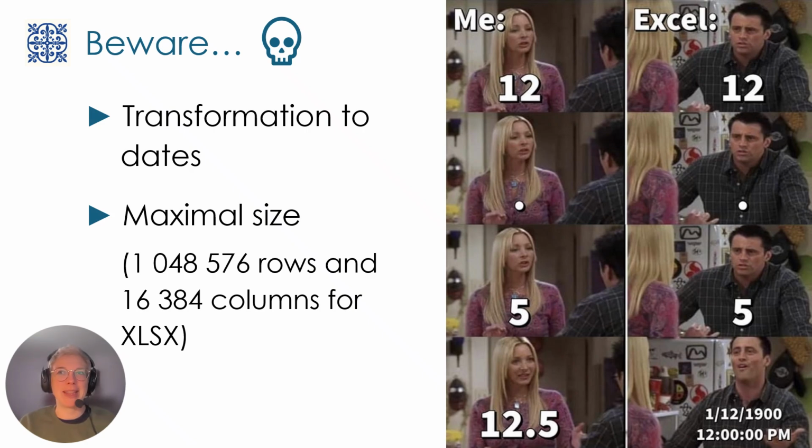There was a story that scientists in the UK started their COVID database in Excel, and quite quickly reached the maximum size for an Excel spreadsheet, and were caught off guard by that. So not an issue until it's an issue.